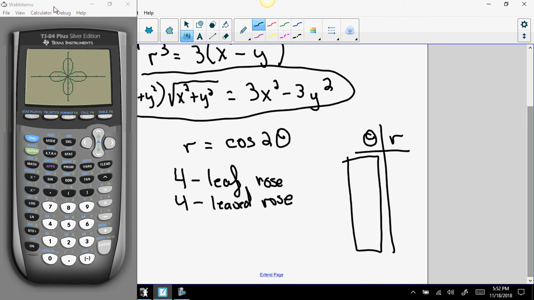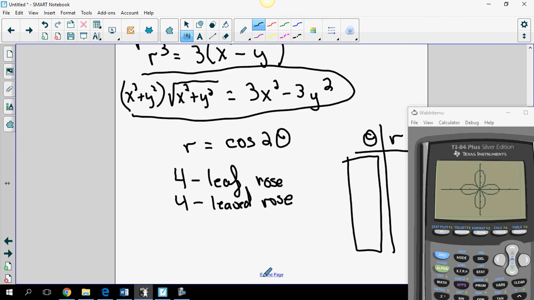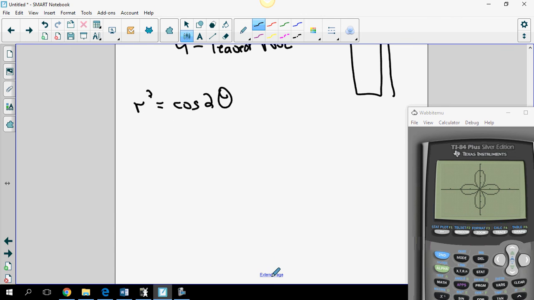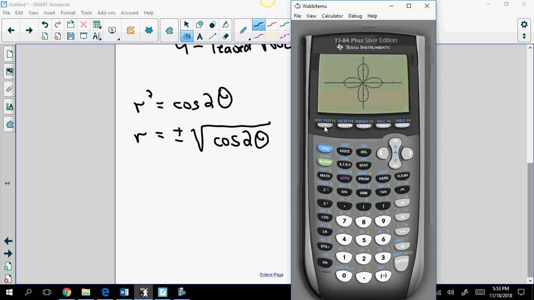Now, you can graph r squared equals cosine 2 theta. That puts us into this situation again. Now, do you need to graph both? Well, you need to check because you're not used to working in this realm.